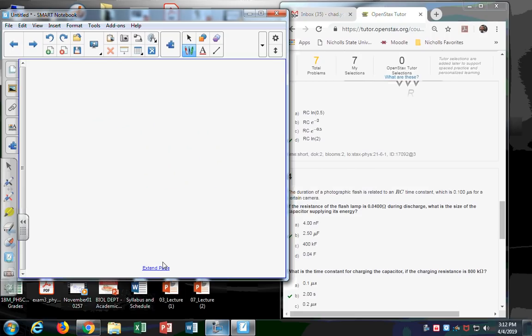Somebody else asked about B and E fields. Let's just do an example. A couple rules you need to remember: positive charges feel a force in the direction of the E field. That's from chapter 2. Negative charges feel a force opposite the direction of the E field.